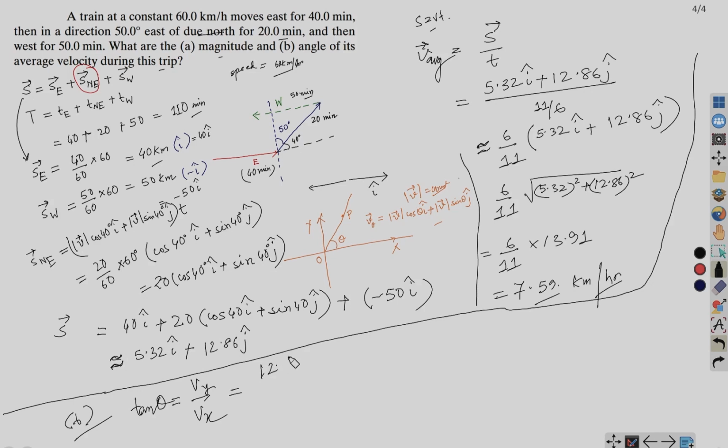Because 6 by 11 gets cancelled out, I didn't mention that term. If we simplify, we obtain approximately 2.42. Implies theta equals tangent inverse of this. In degrees, the value is almost 67.5 degrees.